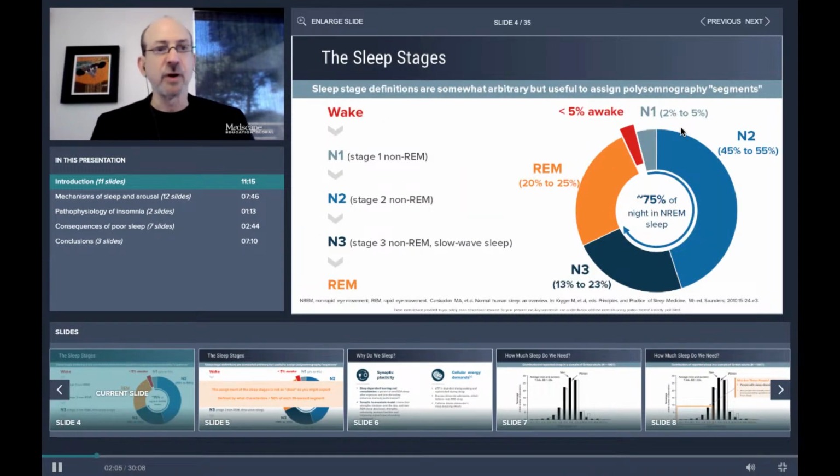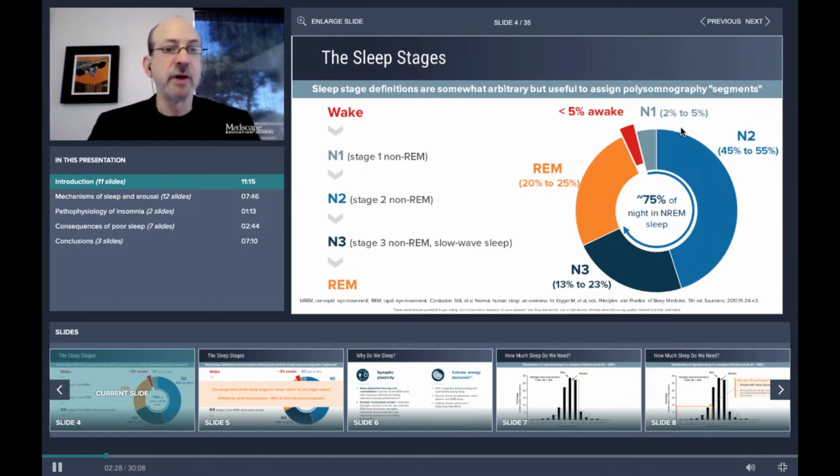These stages are arbitrarily defined to a large degree by trying to break up into a systematic way the complex set of phenomena we observe when we measure brain electrical activity and a wide range of other kinds of physiology simultaneously in humans and other animals.